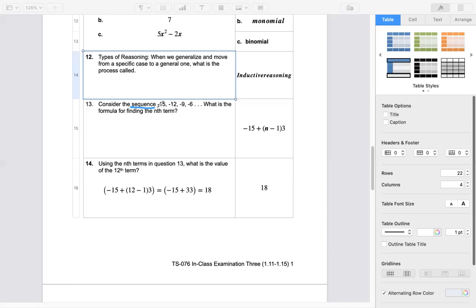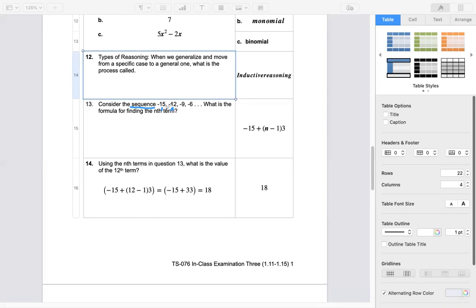Looking at this sequence here, I've got negative 15, and then I got negative 12, and then I got negative 9. And so I'm just going to look at what kind of change took place between the 15 and the 12 here. I had to actually add 3, 15, 14, 13, 12.